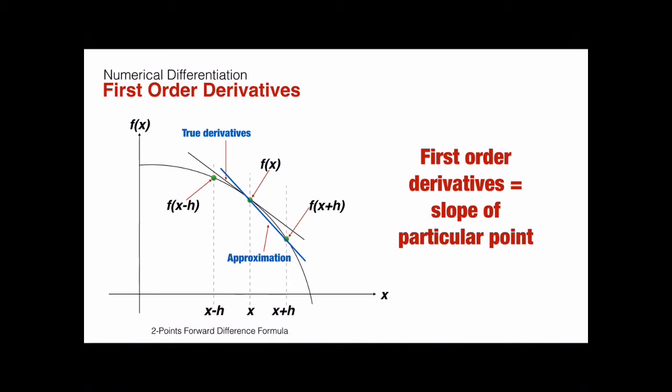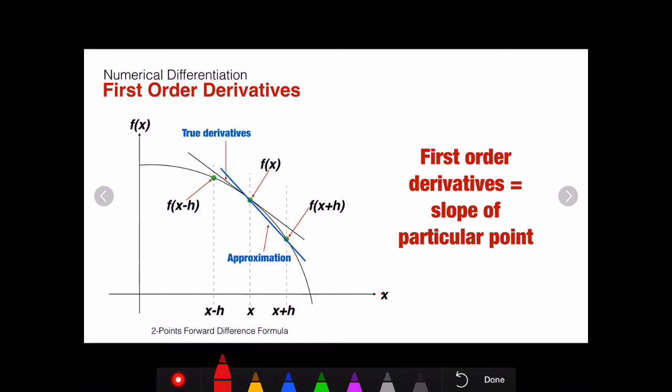By our normal understanding, the first order derivative usually refers to the slope at the point. So this is the point that we're going to find. If we want to talk about the first order derivative, it's actually just the slope here, and this is what the true derivative means, the slope value.